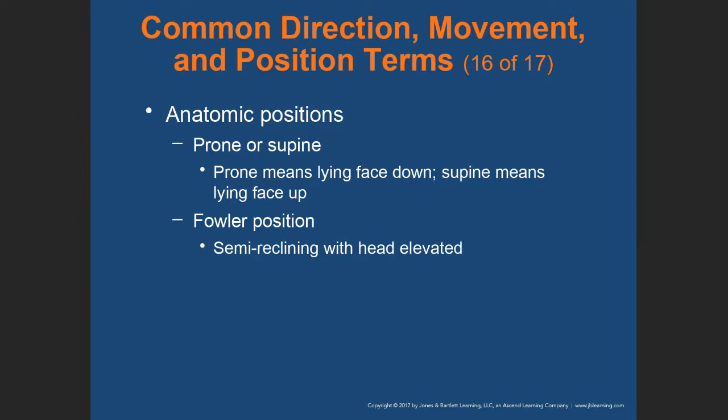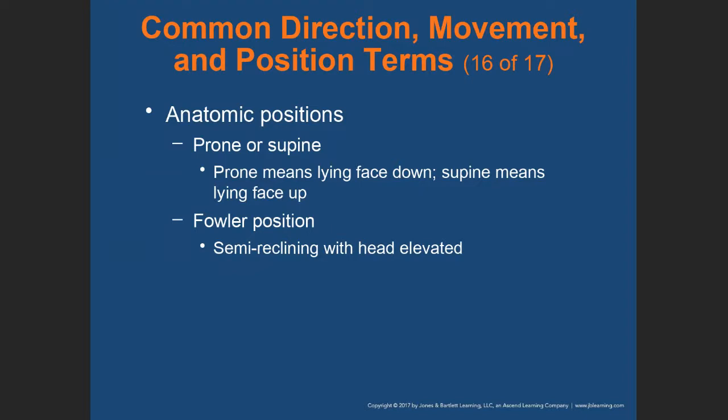That's what we refer to as normal anatomic positions. But outside of that, there are other positions that the patient can be found in. So your patient can be found prone or supine. If the patient is found prone, it means that the patient is lying face down or on the belly side. Supine means the patient is lying on their back, so the face is pointing upwards.